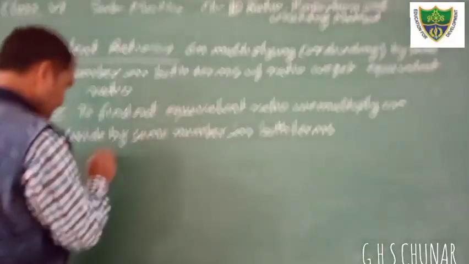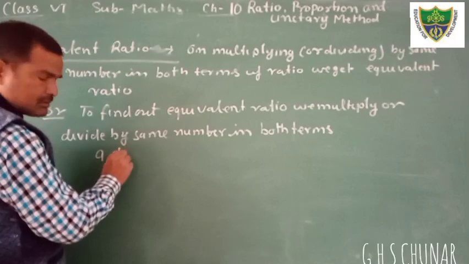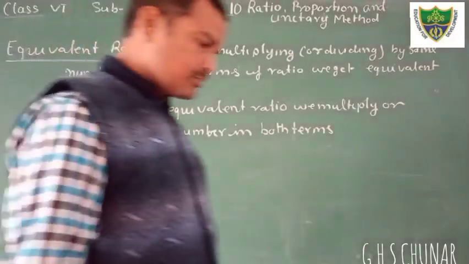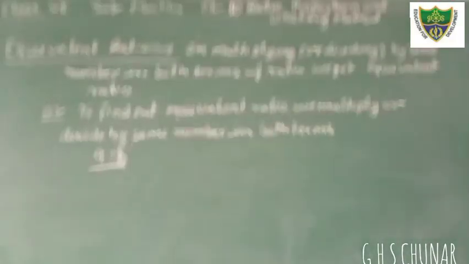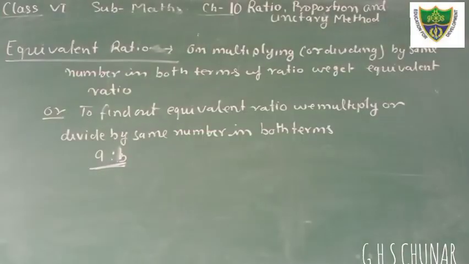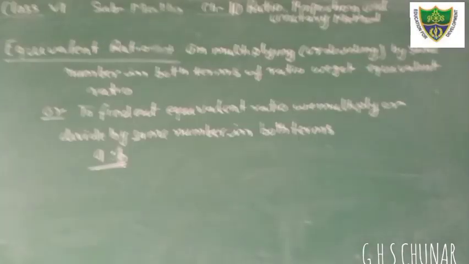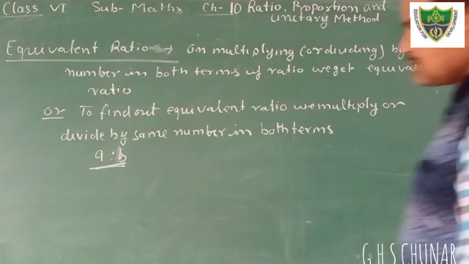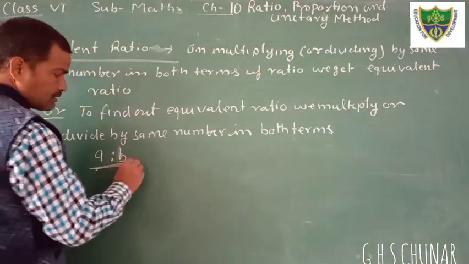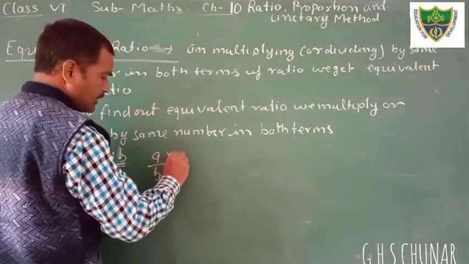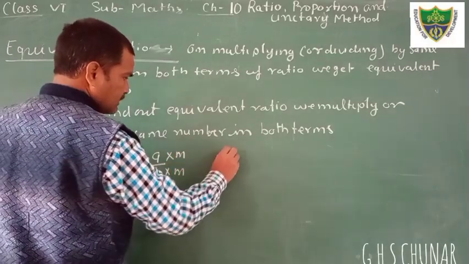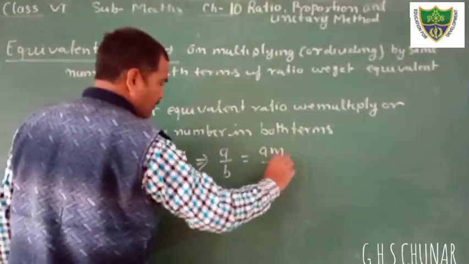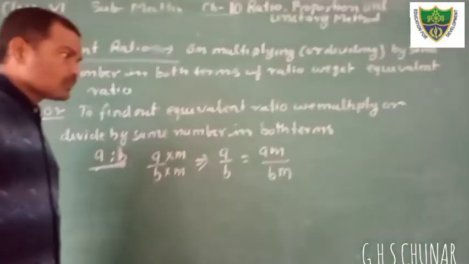Suppose A ratio B, then A by B, you can multiply and divide by M, so A by B is equal to AM upon BM.